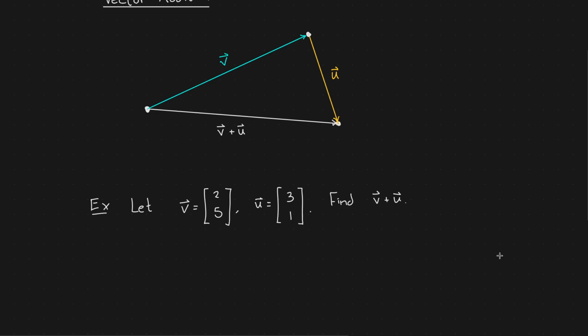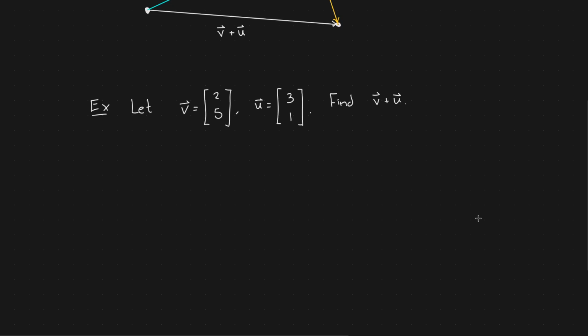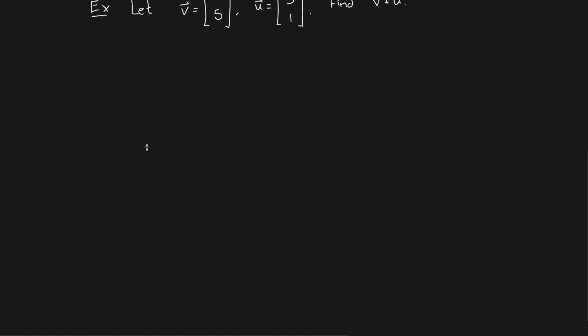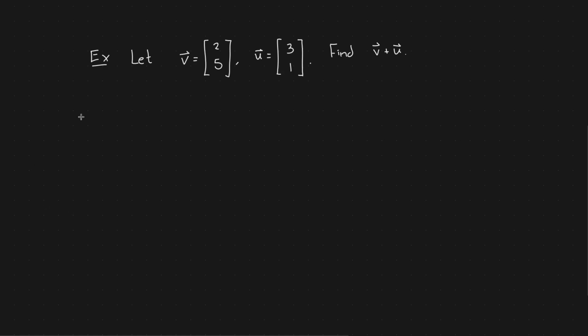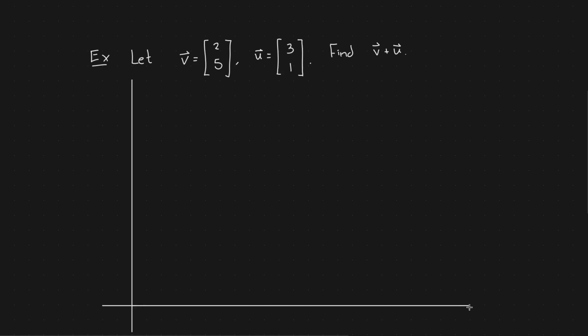Okay, so to do this, I'm going to sketch out the vectors. Let's give myself plenty of room here. 1, 2, 3, 4, 5, 6, 7 on the y-axis. 1, 2, 3, 4, 5, 6, 7 on the x-axis.